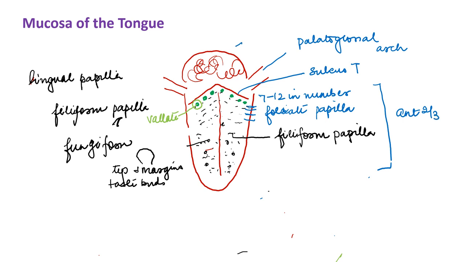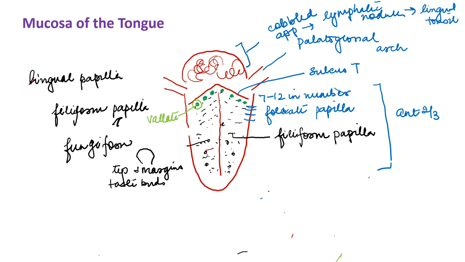The posterior one-third of the tongue has a cobbled appearance because underneath the mucous membrane are present lymphatic nodules. Collectively, they are known as the lingual tonsil.